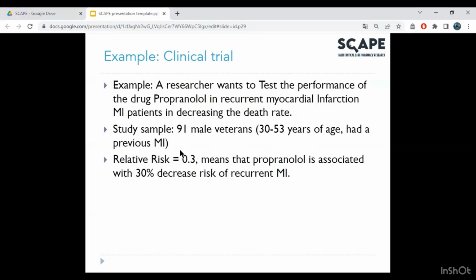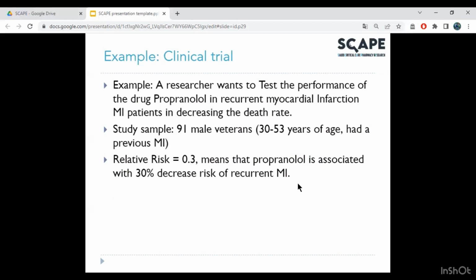They all had previous MI. The relative risk from this research was 0.3. 0.3 is less than 1, and it means that the intervention is protective or decreases the risk of the outcome. So this means that propranolol is associated with a 30% decreased risk of recurrent myocardial infarction.